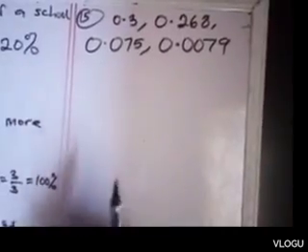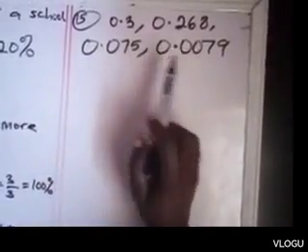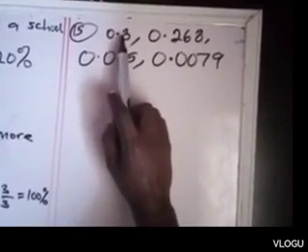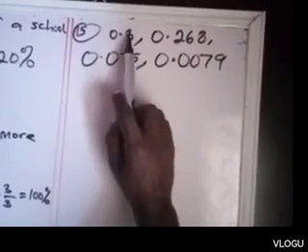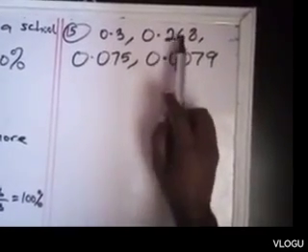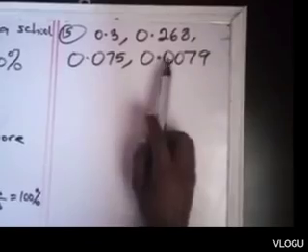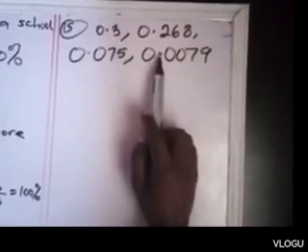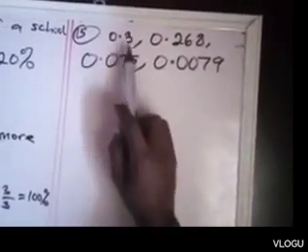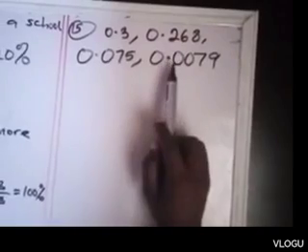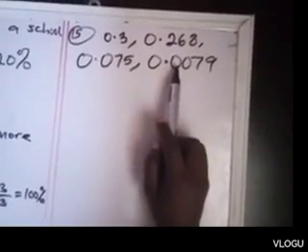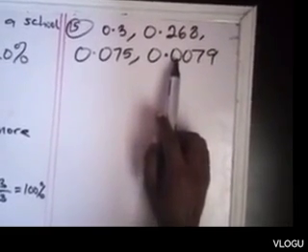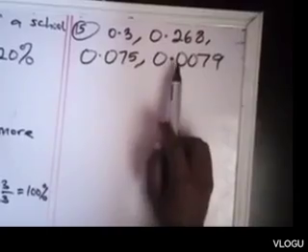To make it very easy, since everything here is a decimal, I will look at the one with the longest digits after the decimal point. This has four digits after the decimal point. So I'm going to multiply all the numbers here by 10,000.